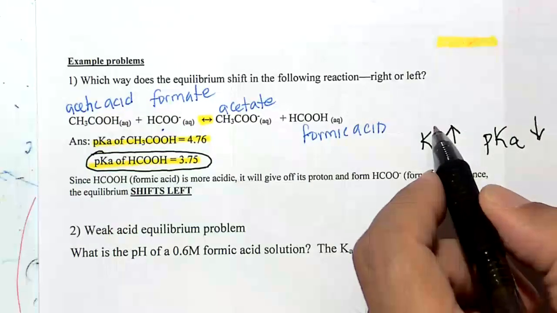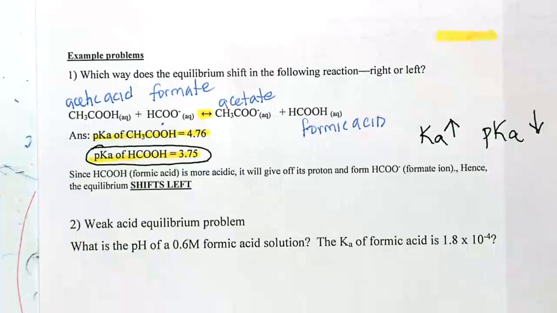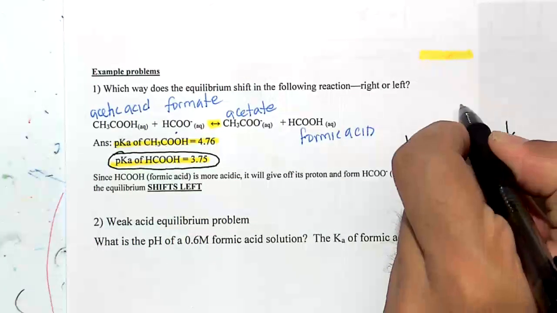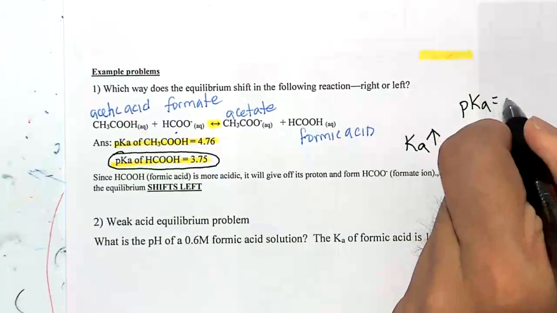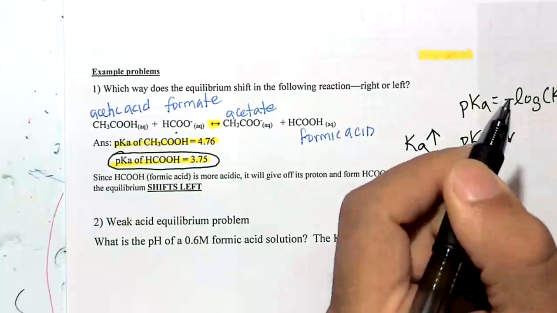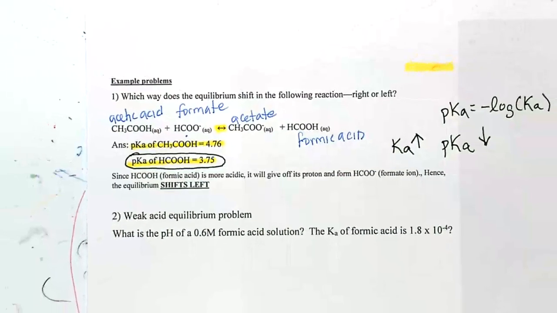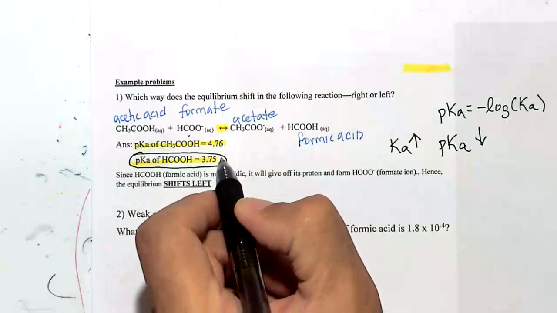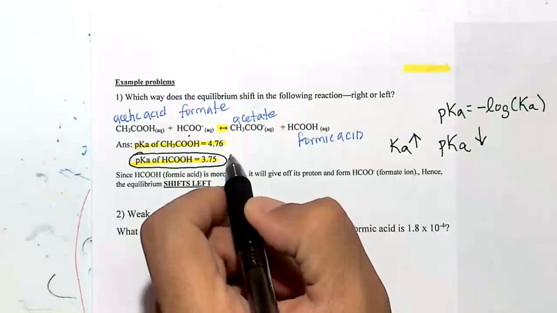Okay, this is the best acid. Ka, the power of the Ka. Remember, power is the minus log. So as Susanna, our classmate, mentioned, this has a lower pKa. So which is the better acid?